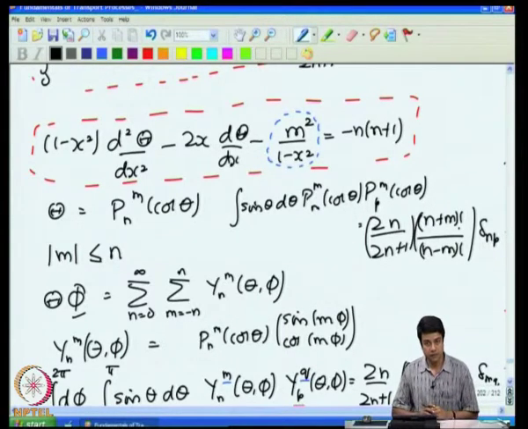So, even if m is non-zero, the orthogonality relation still holds, except it has a slightly more complicated form.